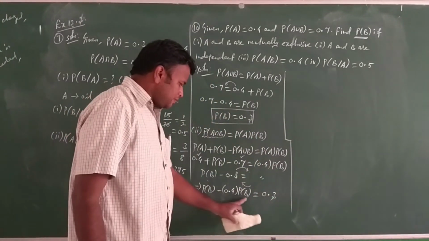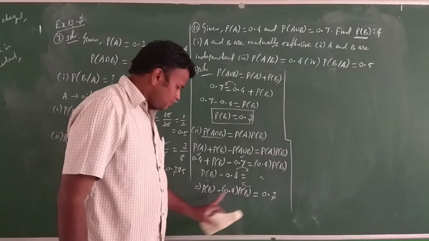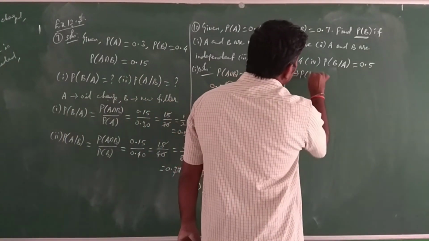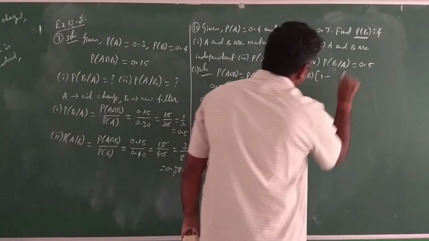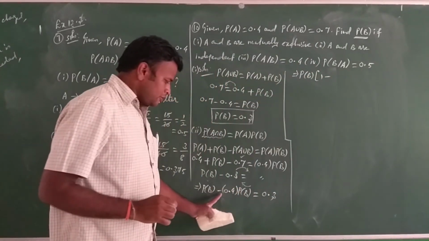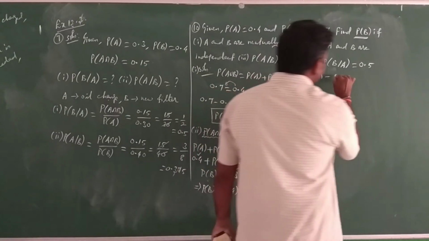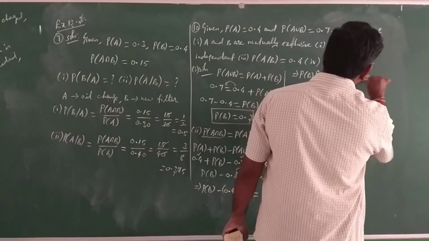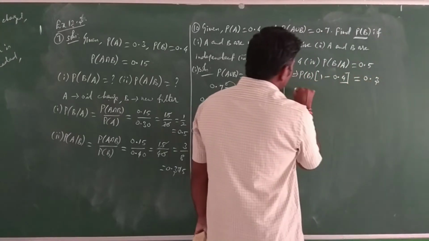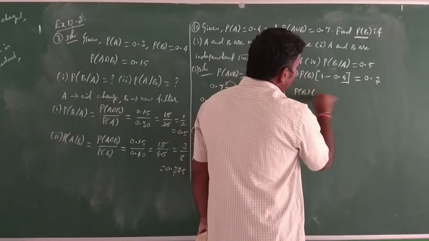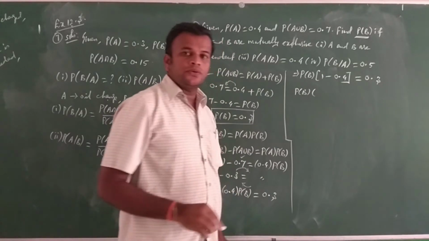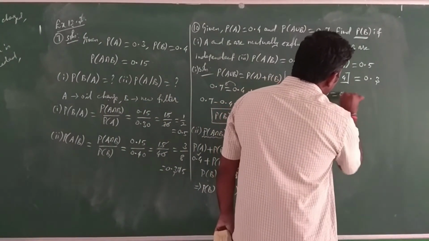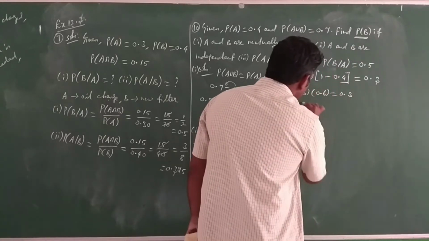You see in both terms, P of B is common, so I will take P of B outside. What is remaining? 1 minus 0.4 is equal to 0.3. So P of B times (1 minus 0.4), which is 0.6, is equal to 0.3.